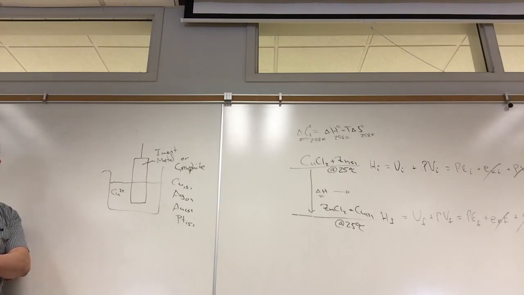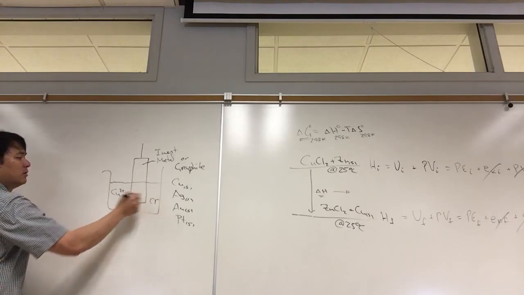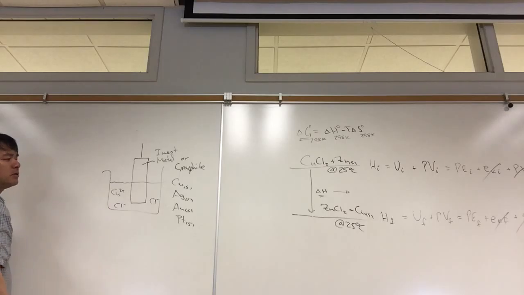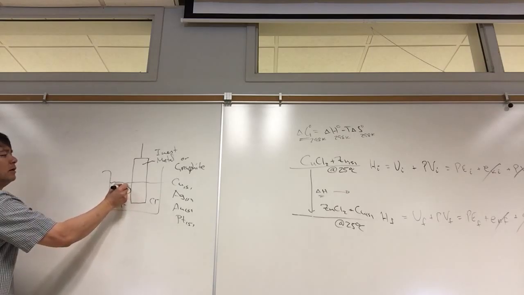The nice thing about copper is this, because what happens is Cu2+ is an oxidizer, right? And what do oxidizers want? This is chlorides in here, let's say. Cu2+ wants electrons, right? And so it's going to try to take electrons off this metal.